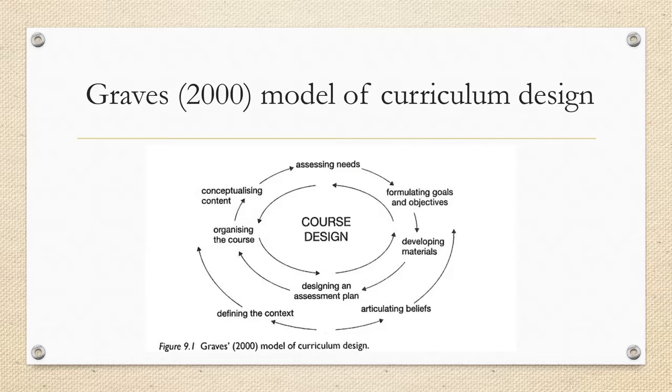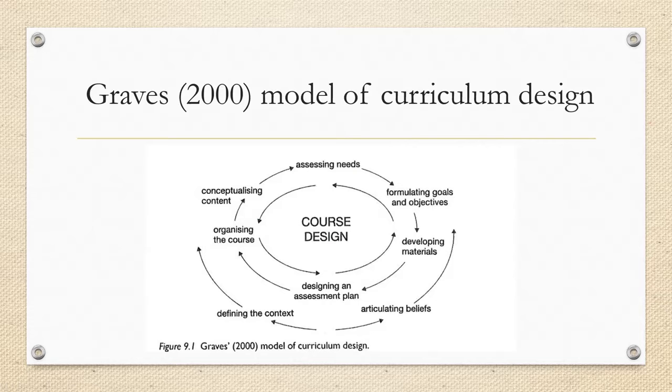The context of learning, the context of teaching, that would be your environment. Obviously, assessing needs is the needs analysis. Articulating beliefs is another way of talking about principles. Formulating goals and objectives is another way of talking about goals. So you see the connection.